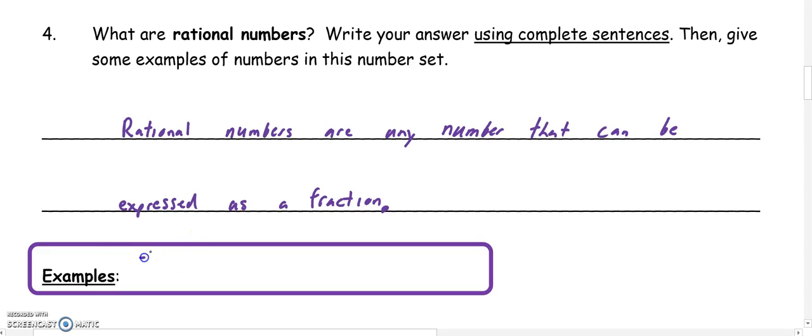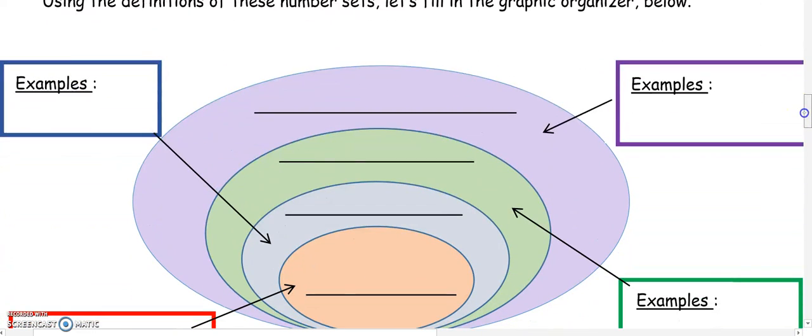So we could have something like -7/3, -2.17, -3, 0, 6, 9.7, 1/4. Those are all examples of rational numbers because they can be rewritten as a fraction. Even a whole number like 6 can be written as a fraction because we could put it as 6/1.